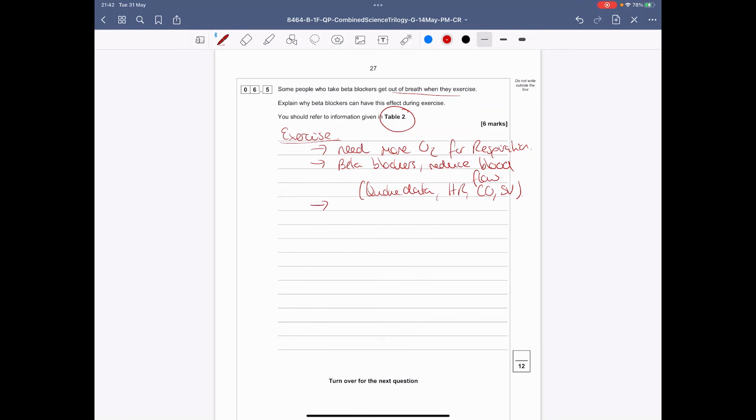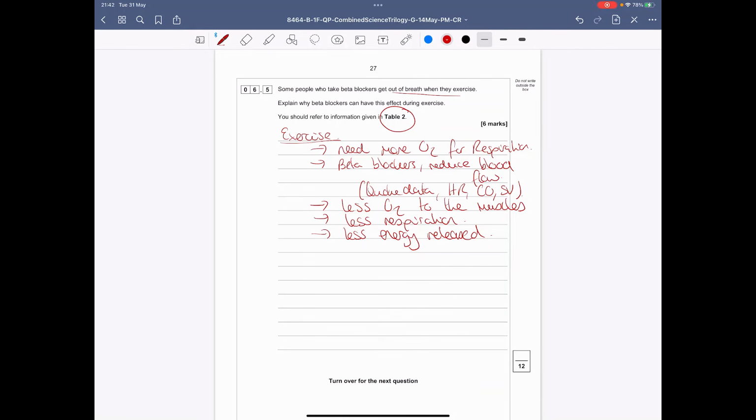Now, because they've got reduced blood flow, they would have less oxygen to the muscles. So therefore, if they've got less oxygen to the muscles, there would be less respiration and less energy released. So therefore, the muscles would get tired quicker.